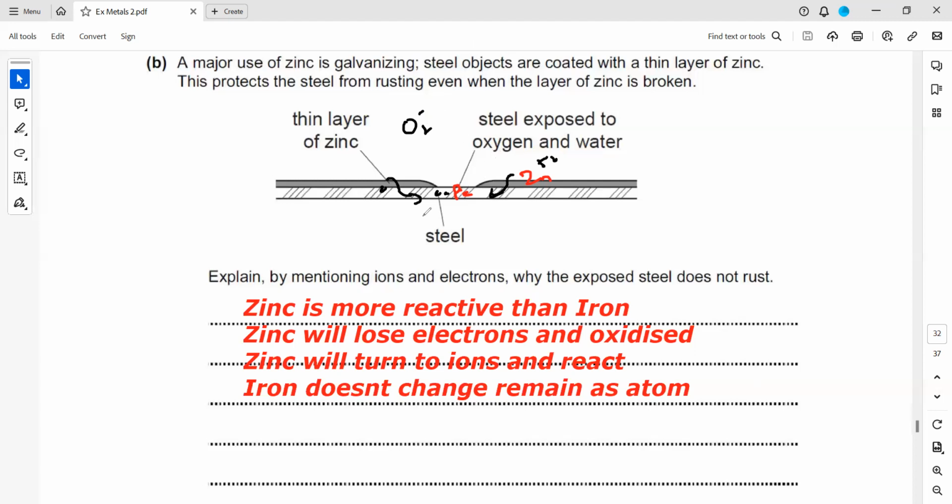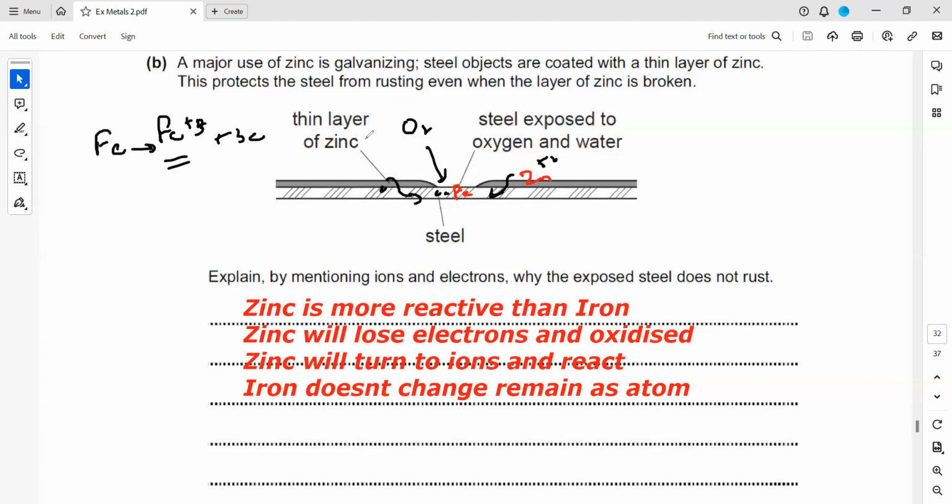Oxygen and water do not interact because for iron to be oxidized, iron should lose electrons. If there are more electrons on the iron surface, iron is not able to lose electrons, because to form rust, iron must turn into iron ion. Iron(III) oxide is there, so it must lose 3 electrons. But the problem is that because there are already a lot of electrons on the surface of the iron, that is preventing iron from losing electrons.